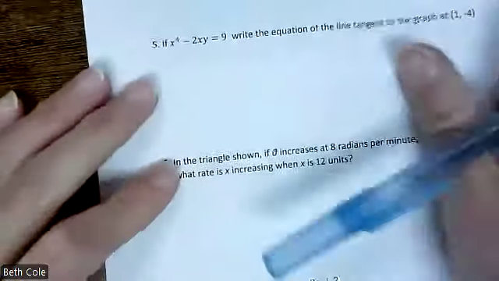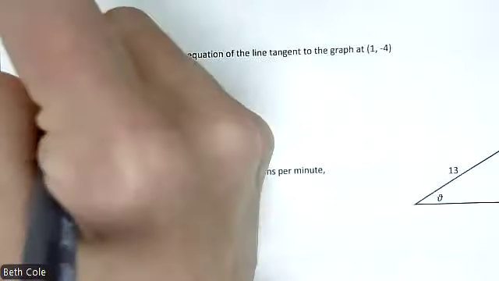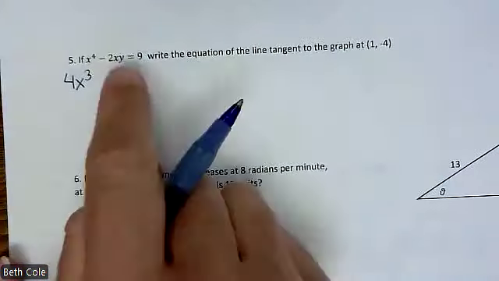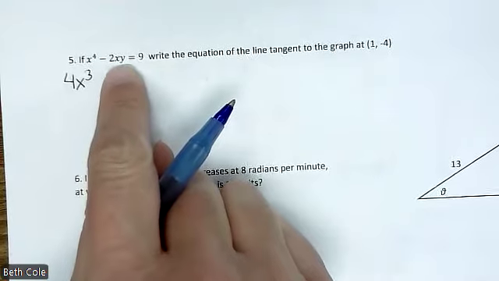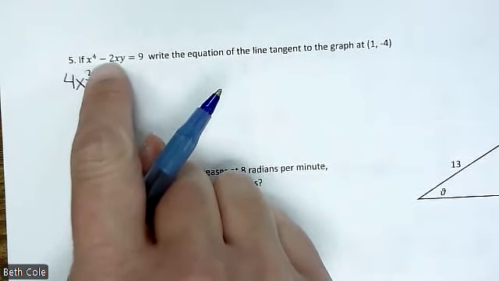All right, we got one more of these and then it goes on to related rates. So we'll at least finish this one here before we do our break. All right, derivative of x to the 4th: 4x cubed. Now this is a product rule and it is subtraction. So you have to subtract both parts of the product rule.